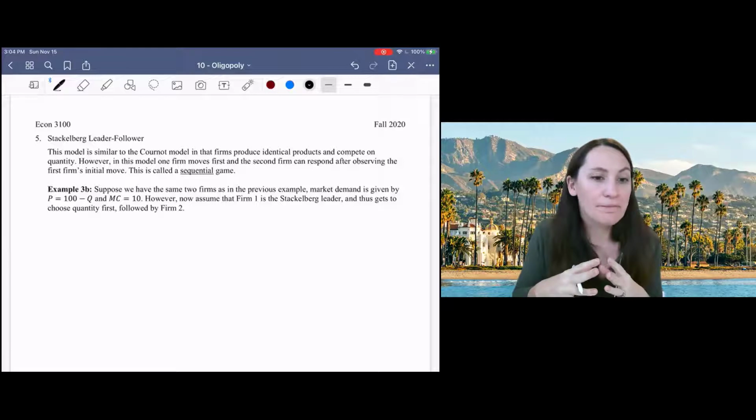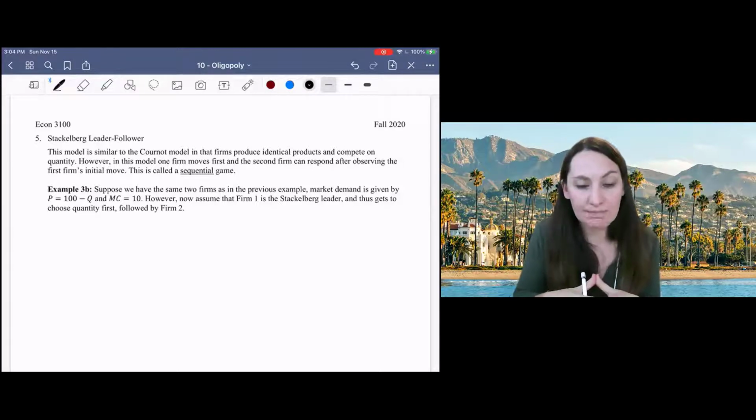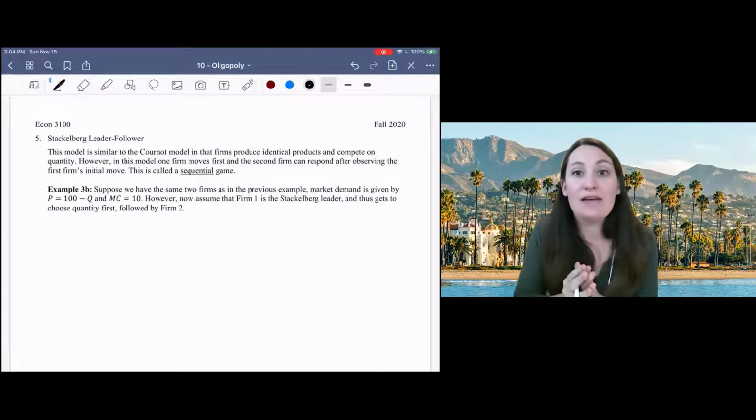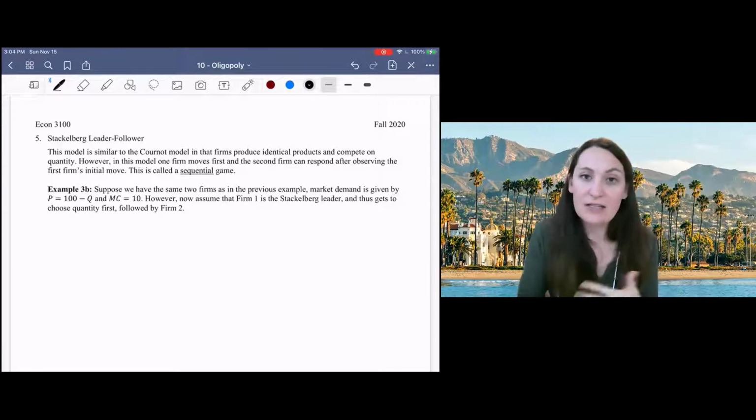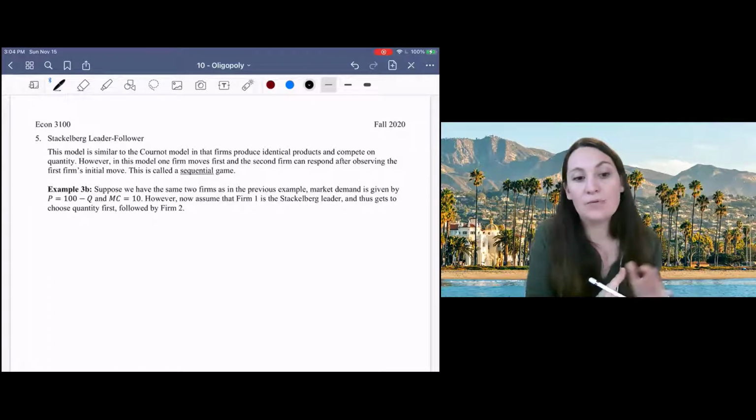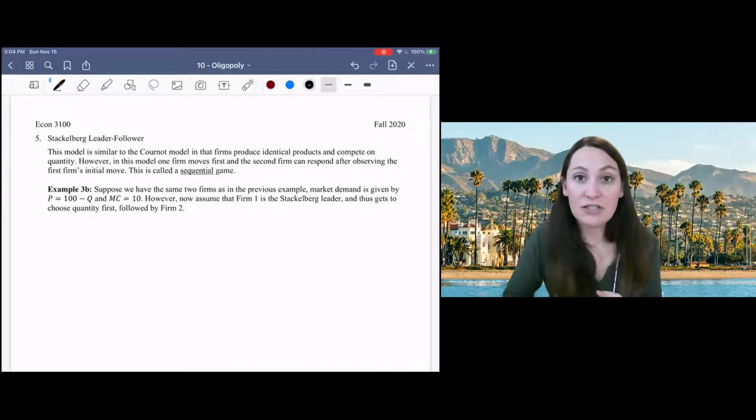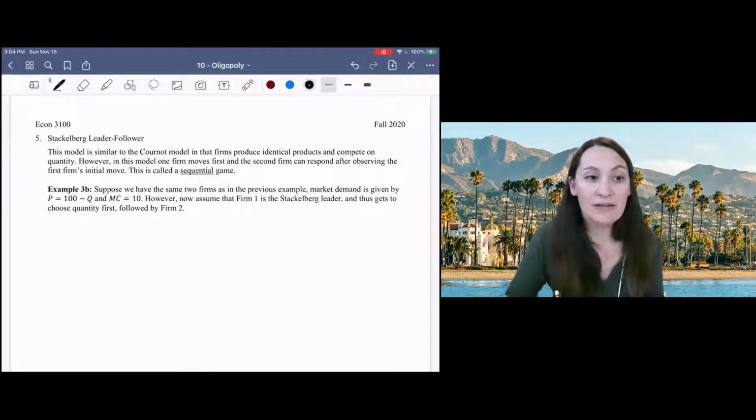So here we're going to assume that firm one is the Stackelberg leader. Firm one moves first, and then firm two reacts. And we're going to use the same demand function and marginal cost as in the previous example. So really we can carry our reaction functions over from the last video.